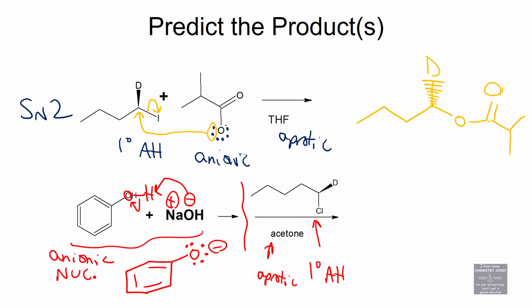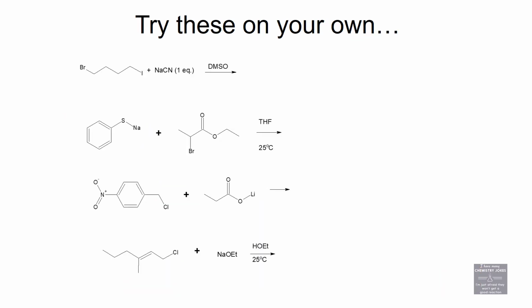So this O minus attacks the carbon of my alkyl halide. And if I keep everything in the same orientation, put my D over there to show inversion, I need to put some dashes on that D. That's Sn2. We're almost done.